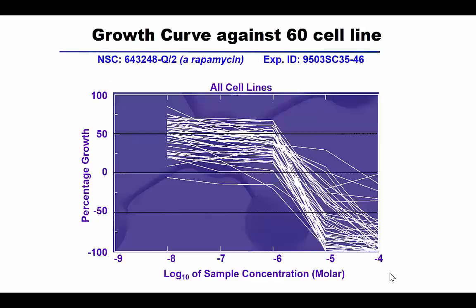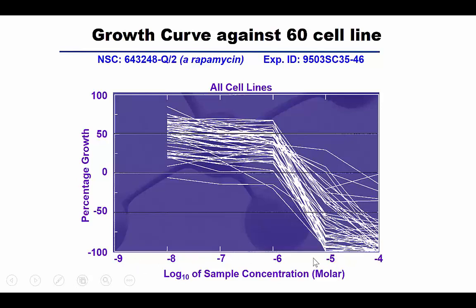Okay. Using that idea, let's say they measure only 3 data points. This is the raw data they are generating. You can see here the survival curves of 60 different cancer cell lines.